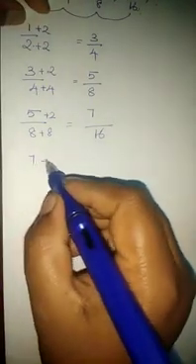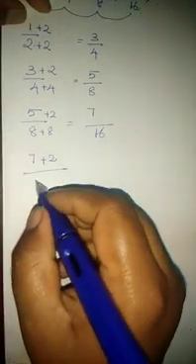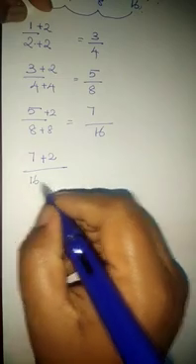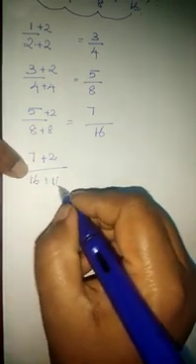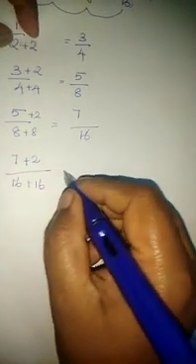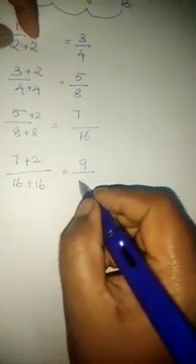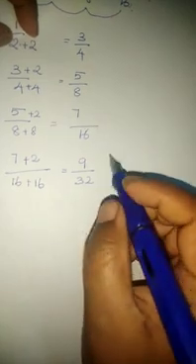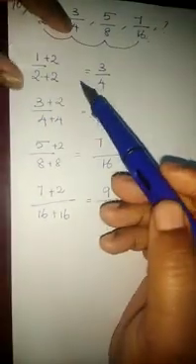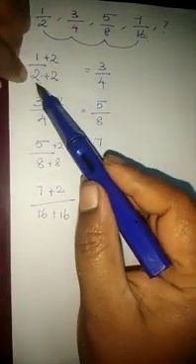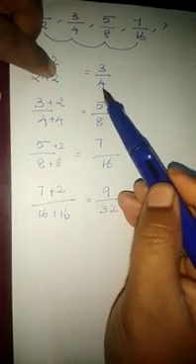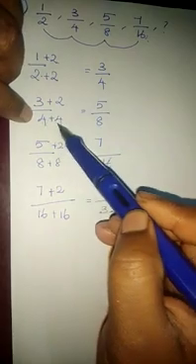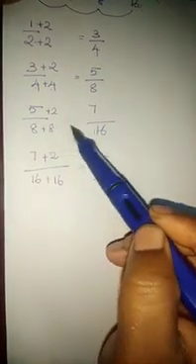Then 7 plus 2 over 16 plus 16 gives 9 by 32. Can you clear? Here 4 plus 4 is 8, 8 plus 8 is 16, 16 plus 16 is 32.